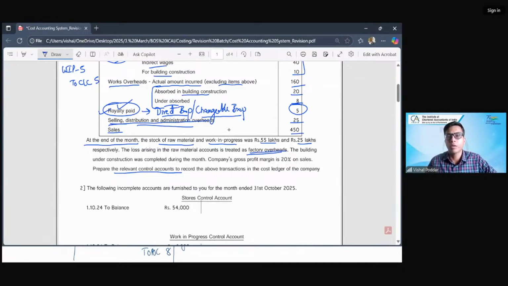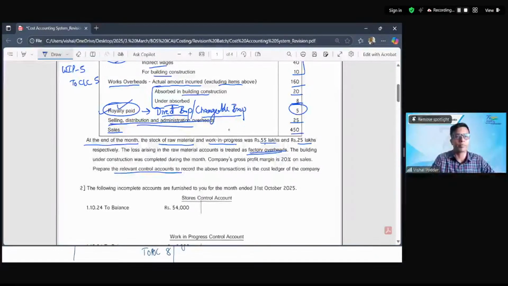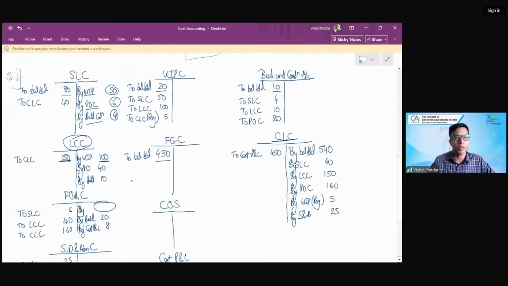So raw material closing is 55, WIP closing is 25. So raw material by balance carried down 55, WIP by balance. Correct?